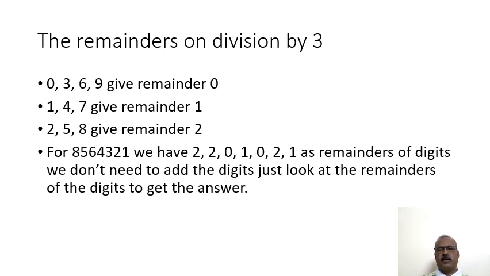85,64,321 and we want to know the remainder that we obtain when we divide by 3, we don't have to add 8 plus 5 plus 6 plus 4 plus 3 plus 2 plus 1 in order to arrive at the answer. We just replace the digits by their remainders, for example, the remainder of 8 by 3 will be 2. So we have 2, 2, 0, 1, 0, 2, 1 as remainders of the digits.